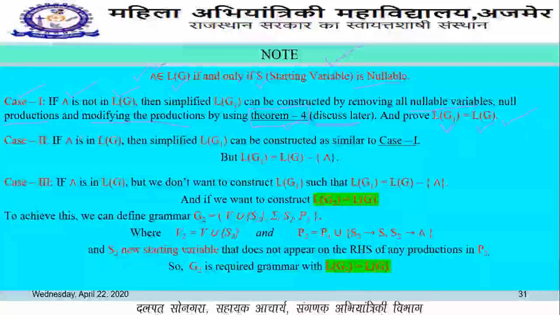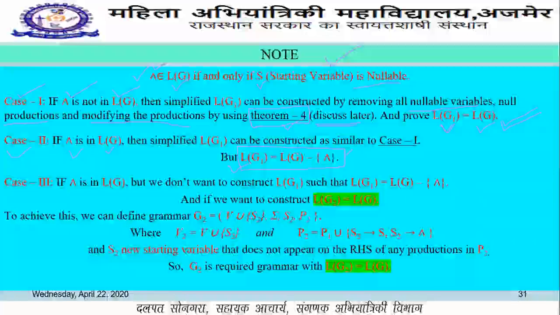And in the second case, if null is in the language of G, meaning null belongs to L of G, then the simplified grammar G1 can be constructed like this, in which the simplified grammar does not have the null string.